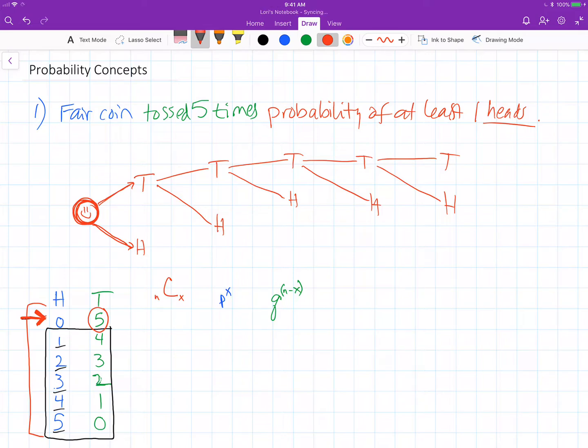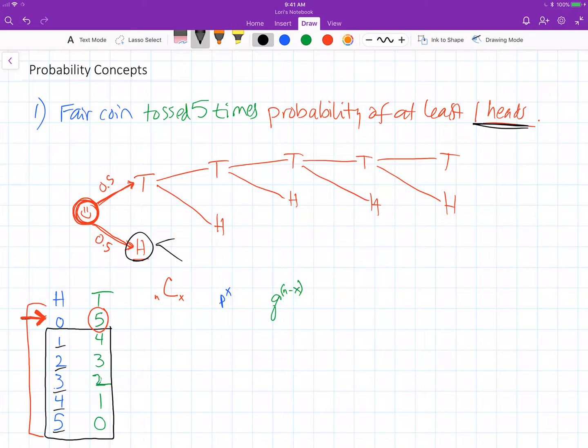I want to show you the answer visually in a couple of different ways. First of all, I take my coin, I toss it. I'm either going to get a tails or a heads, and my chances of each one are 0.5. So I have 0.5 there and 0.5 here. Once I've gotten this heads right here, then I have achieved at least 1 heads.